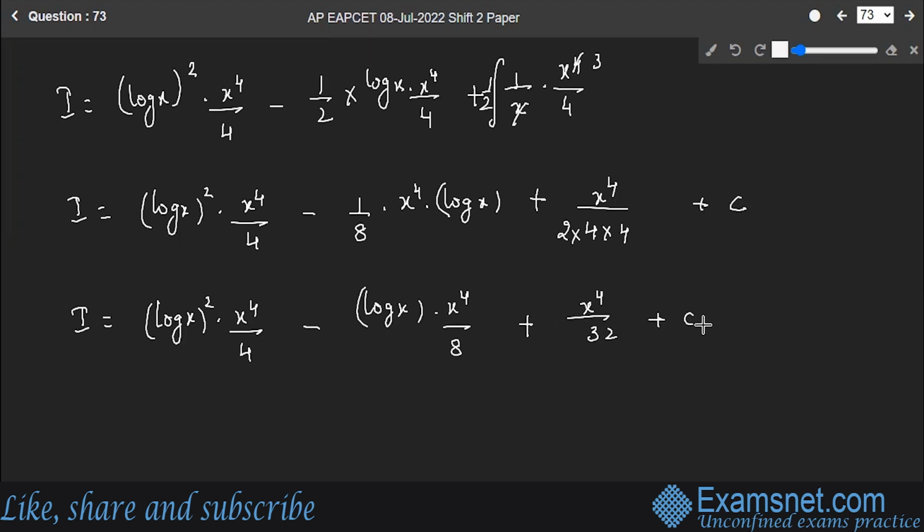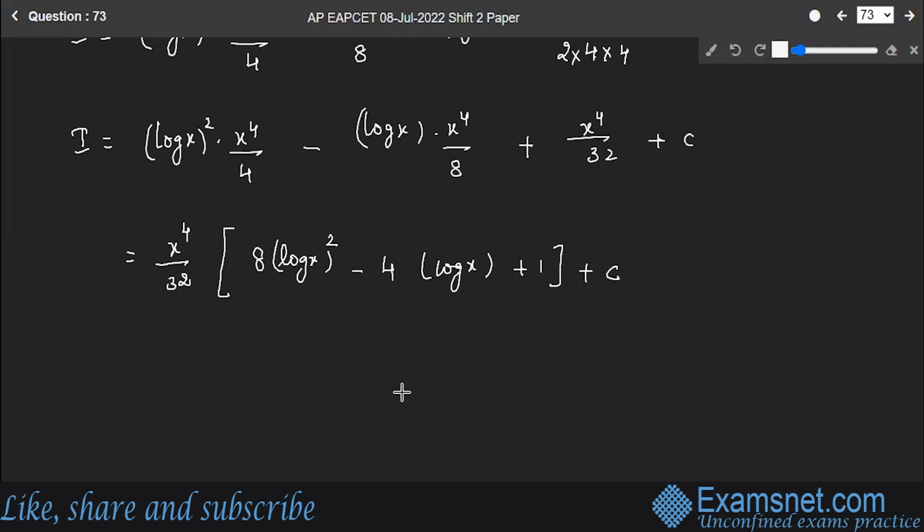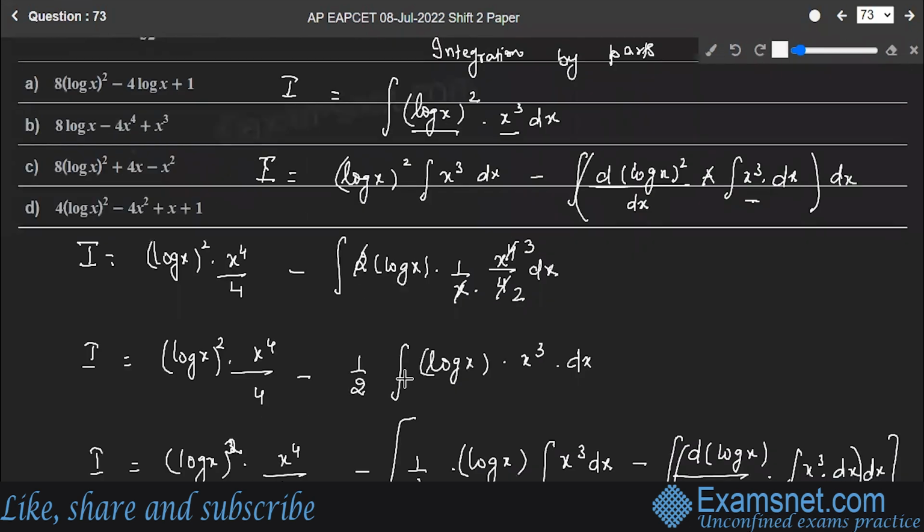Now the whole thing I'll be taking out x raised to power 4 upon 32 common. When I take this out common, I'll be left with 8 (log x) square minus 4 log x plus 1, plus c. Now let's compare it with the one we were given in the question, right?